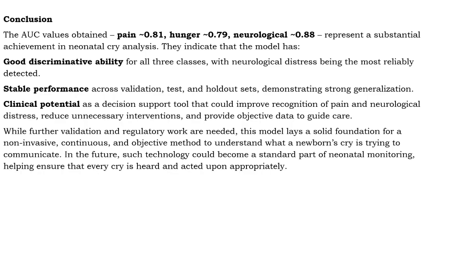Okay, so in conclusion, the AUC values obtained, pain at over 80%, hunger at close to 80%, about 79%, and neurological at over 87%, represent a substantial achievement in neonatal cry analysis. They indicate that the model has good discriminative ability for all three classes, with neurological distress being the most reliably detected.